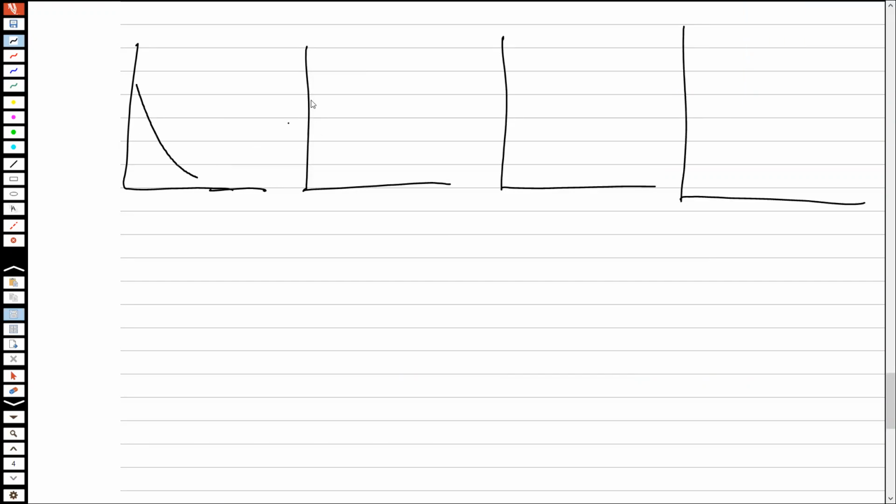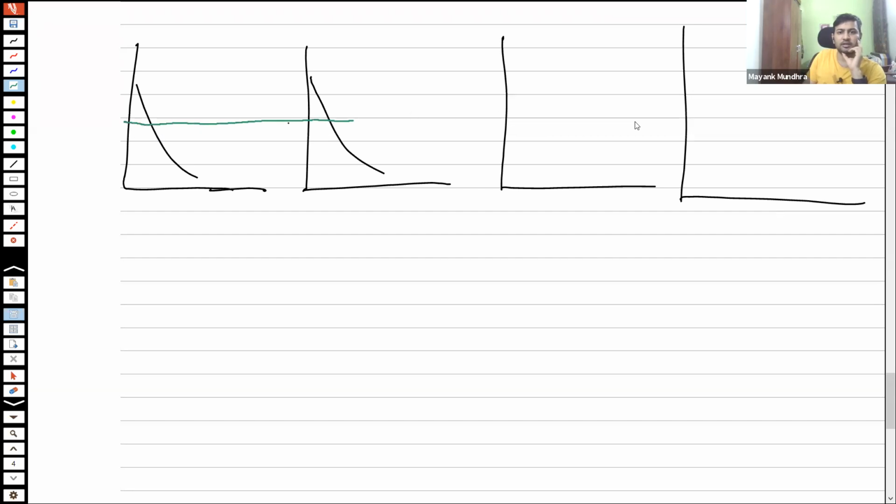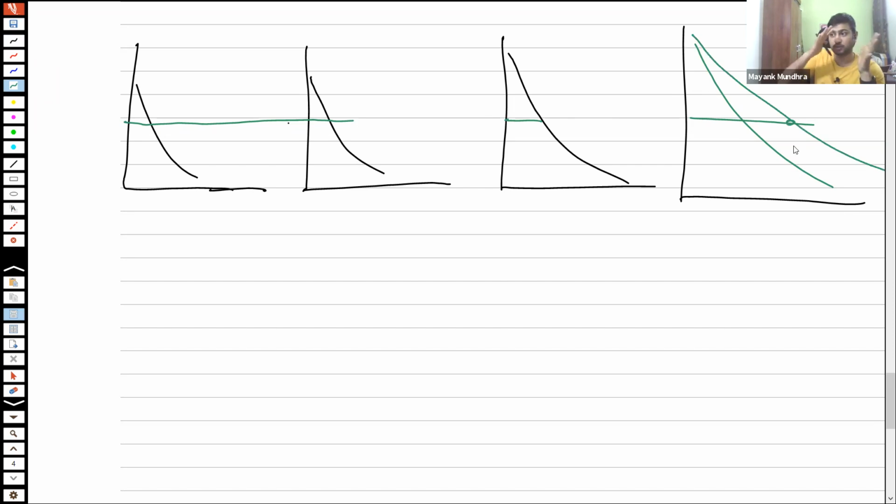Suppose initially there were only two firms supplying to the market. For any price level, the total supply curve would be the horizontal summation of these two firms. But now if one more firm enters the market, then the total supply would be the summation of these three firms. So the total supply function will shift rightwards and become flatter than it was.